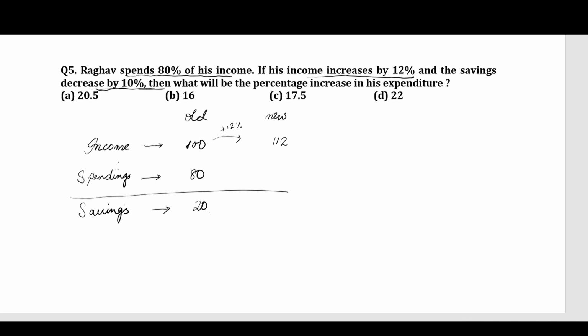So 20 minus 10%. Savings is 10% decreased, so minus 10% means 90% remains. So 90% of 20 is 90 by 100 times 20, which is 18.